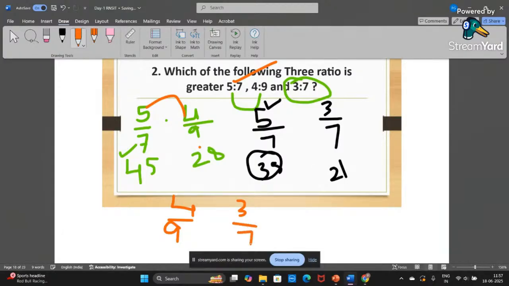So next you have to cross multiply. 4 sevens are 28. 3 nines are 27. So between this and this number, 27 is the smallest number. That is nothing but 3 by 7 is the smallest among the given three ratios.